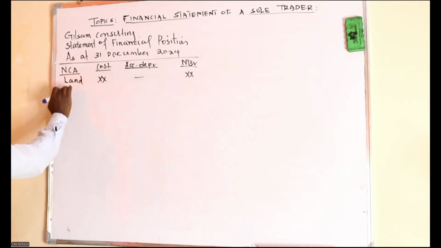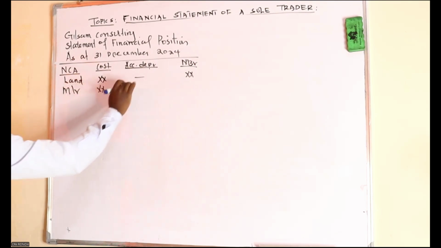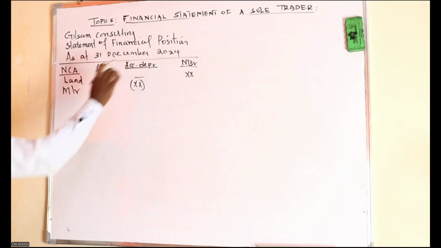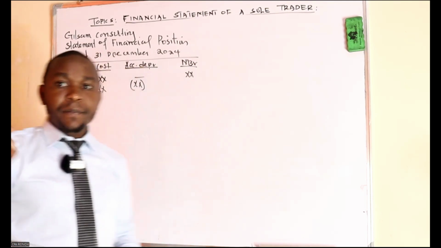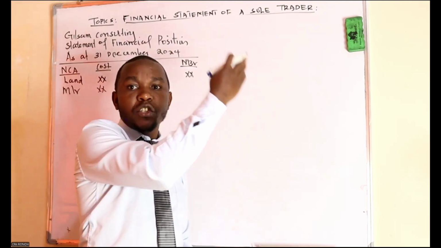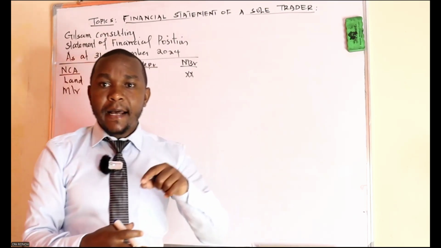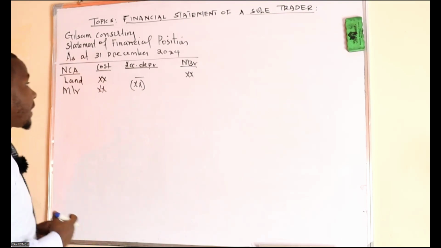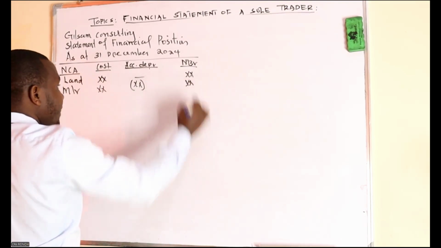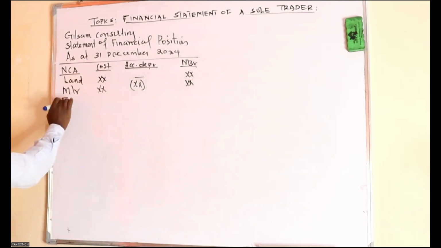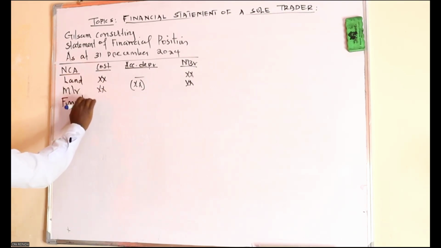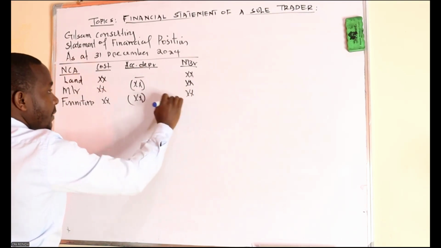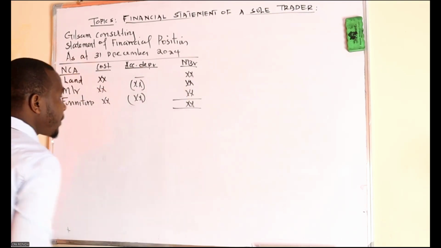Motor vehicle, you will have depreciation. When we say accumulated depreciation, we simply mean the depreciation for the previous financial period plus the depreciation for the current period, so that we can get the net book value. Furniture. That's enough for our examples.